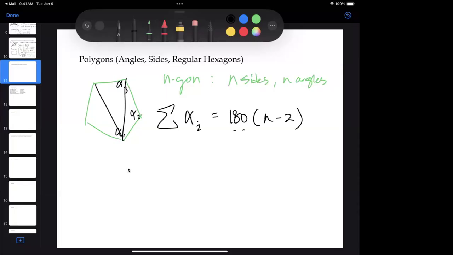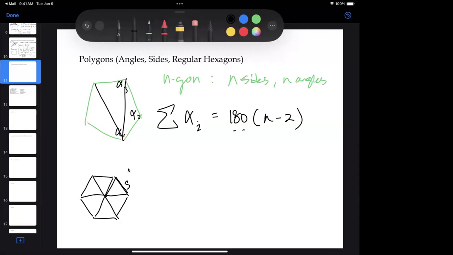For regular polygons, it gets a little more interesting, especially for regular hexagons, because regular hexagons show up all the time, even in really hard questions. They're really nice because when you draw their diagonals, they intersect at one point, and these are all equilateral triangles.